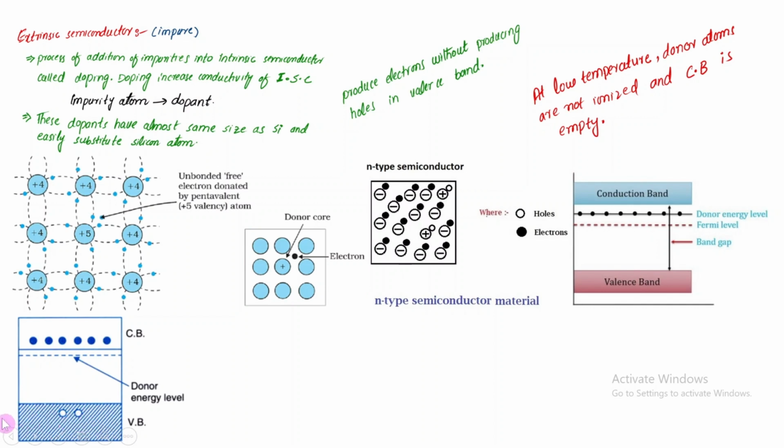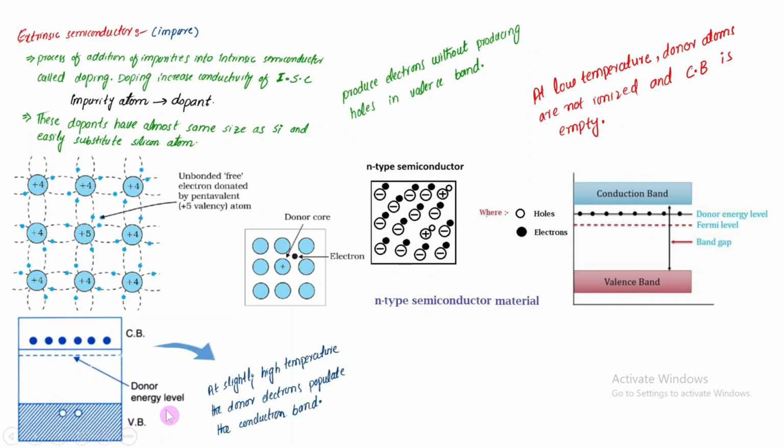If we provide an external battery to this material, the holes will start moving in the valence band, and the electrons, which are in majority, will start moving in the conduction band. Since the electrons are more in the conduction band, we call these electrons majority charge carriers, and the holes minority charge carriers.